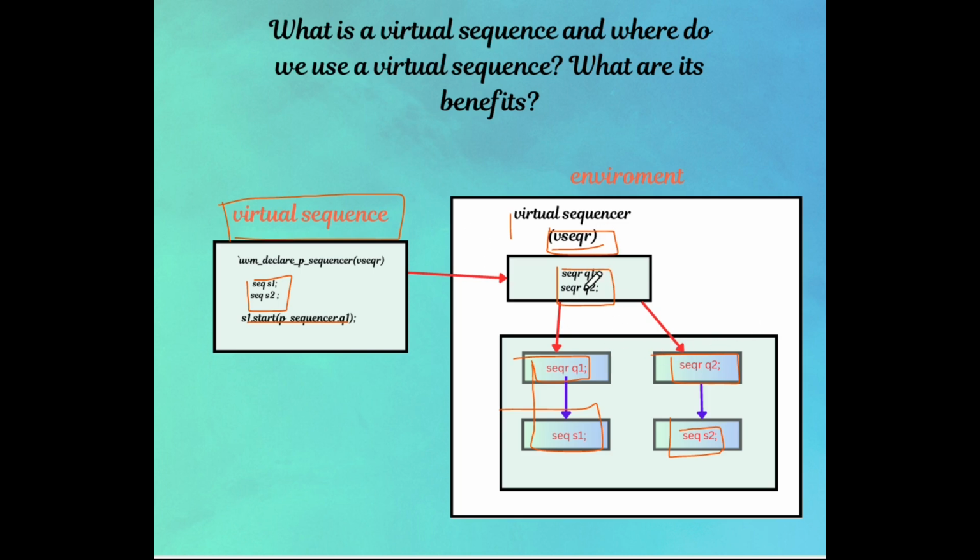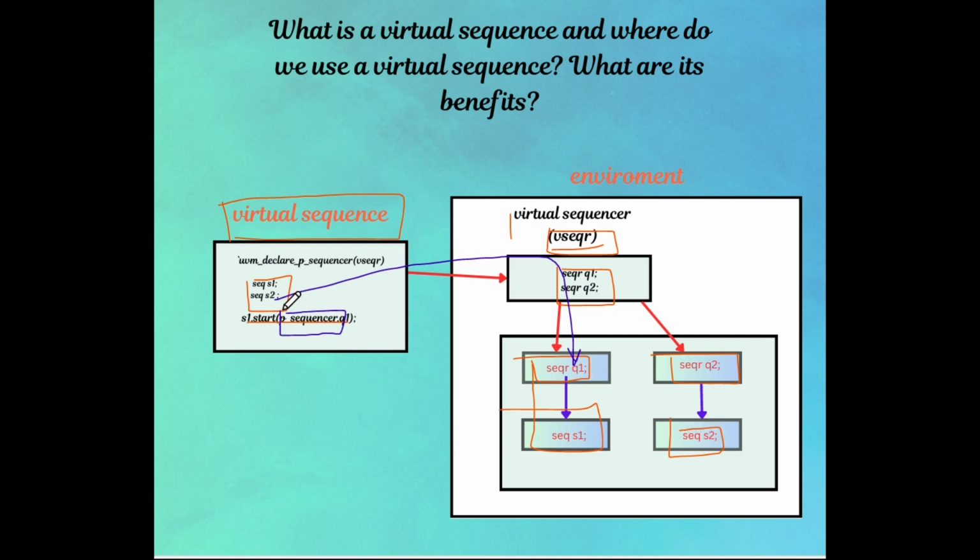And the virtual sequencer will run this Q1 sequencer for sequence 1 and this Q2 sequencer for sequence 2, but this will be controlled by the virtual sequence and virtual sequencer. For connecting this path, virtual sequence to virtual sequencer, virtual sequencer to sequencer 1 and sequencer 2, and sequence 1 and sequence 2, we need p sequencer.